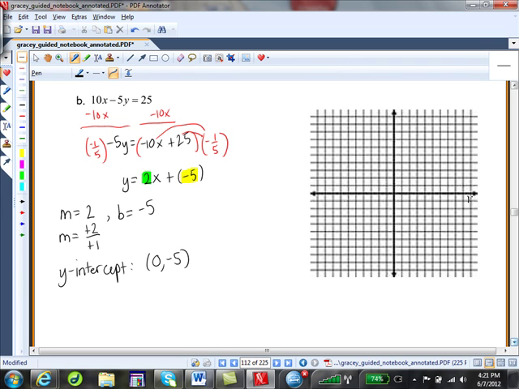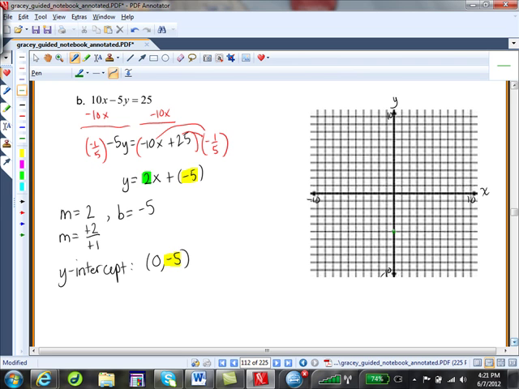So we'll do just a regular scale. Okay, all right, so our intercept, remember we got that from our b. So our intercept was at 0, negative 5, so 1, 2, 3, 4, 5.